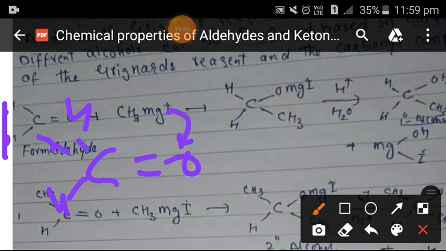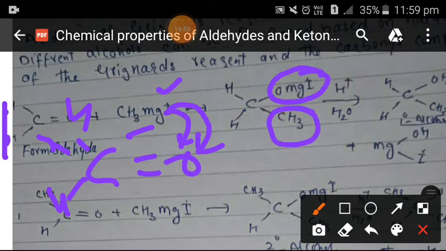The reagent here is CH3MgI, and this will attack here, as a result of which you will find the formation of OMgI here, and CH3 is attached to this site. The mechanism of the reaction is somewhat different, but we are not here to discuss that mechanism.